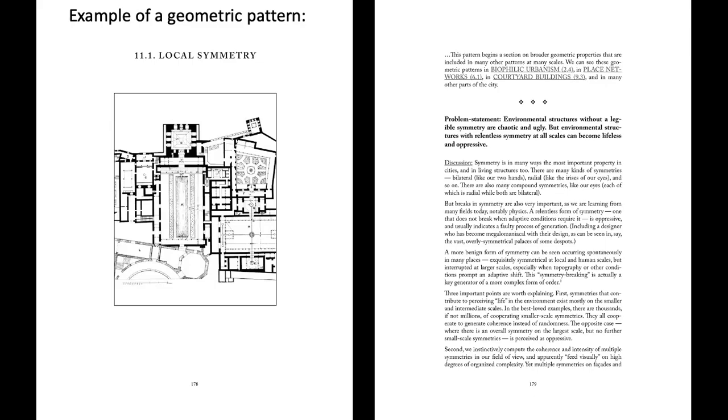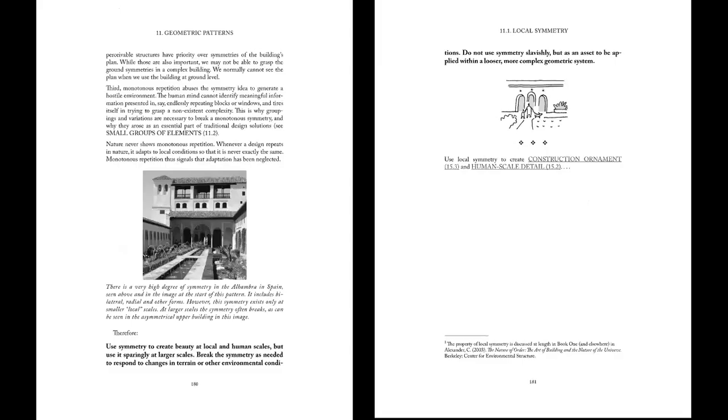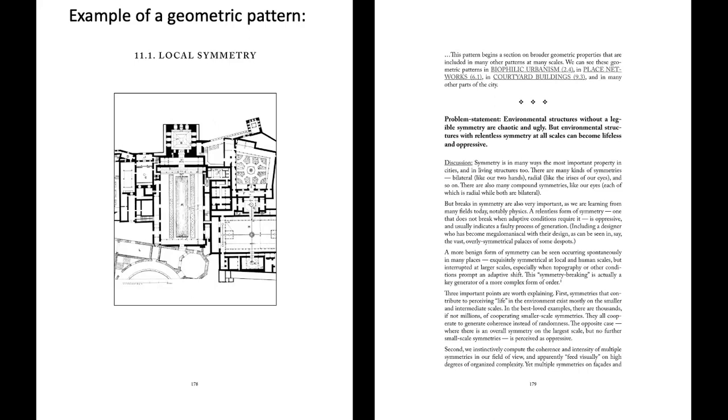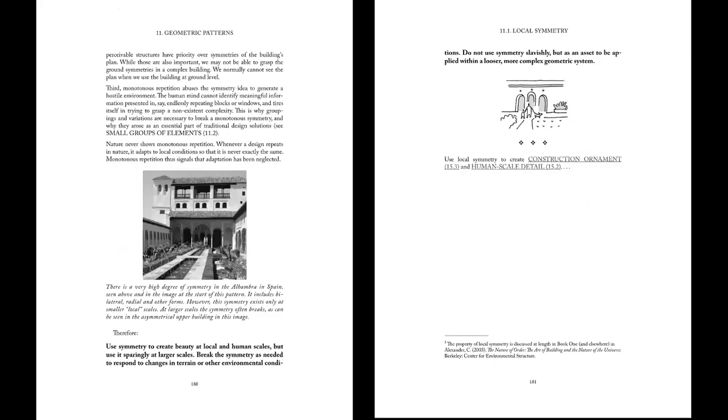We could talk about many other aspects of symmetry, of course, as we talked about. So here's again the example of the pattern that you've seen, the classic pattern structure where you have the title, the iconic image, the upward hyperlinks, the problem statement, the discussion, and then finally the therefore conclusion, which often includes a little diagram, a little icon that expresses the gist of the idea. And then lastly, the downward hyperlinks connecting that pattern to the other patterns at a smaller scale.